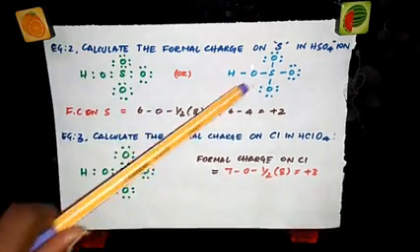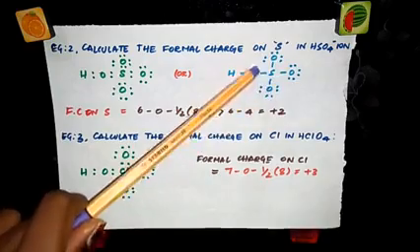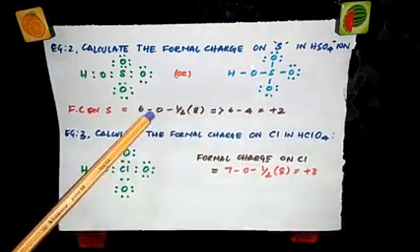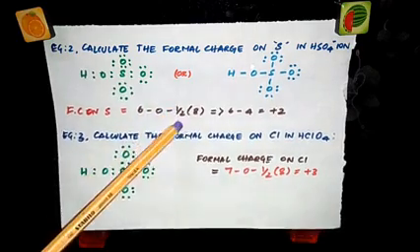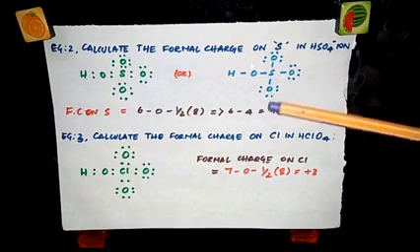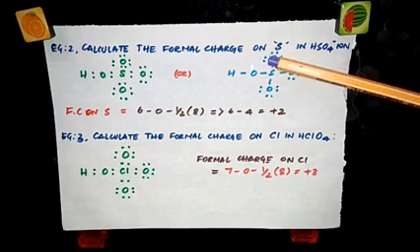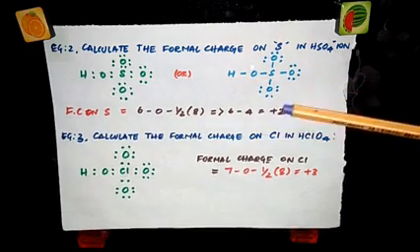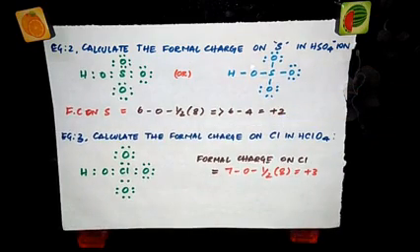So 6 minus, see sulfur is here as the central atom. No unpaired electrons, sorry, unshared electrons. So put 0 here. Minus half the shared electrons. So how many electrons are shared between sulfur and oxygen? 1, 2, 3, 4, 5, 6, 7, 8. So totally 8 shared electrons. So put 8 here. So you're getting a charge of plus 2. So the formal charge on sulfur in HSO4 minus is plus 2.